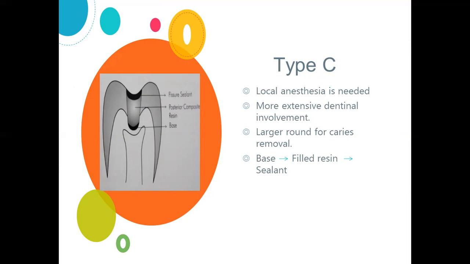To avoid that, local anesthesia is required. After cavity preparation, an appropriate base is placed onto the dentin, and after that a posterior filled composite resin is placed above this base, and the remaining pit and fissures are filled with a sealant material. So this is about type A, type B, and type C PRR.